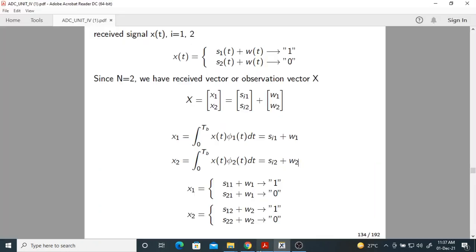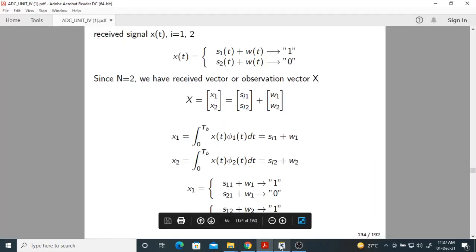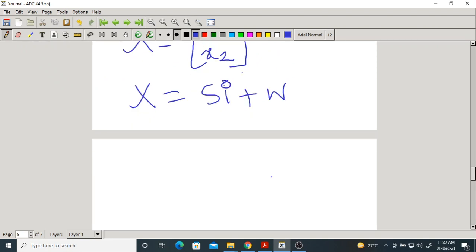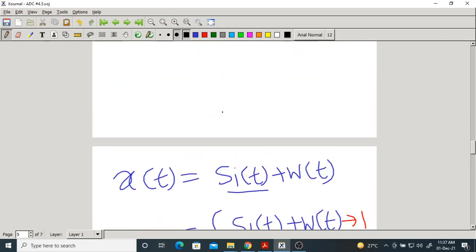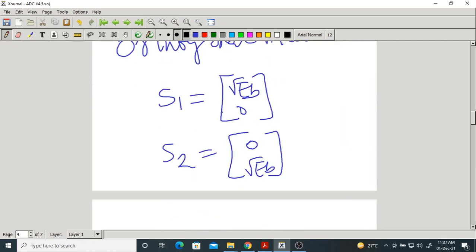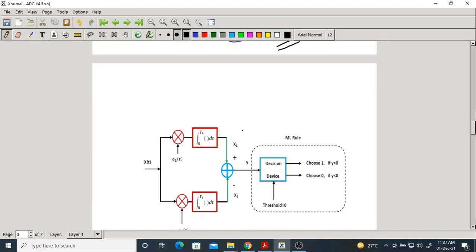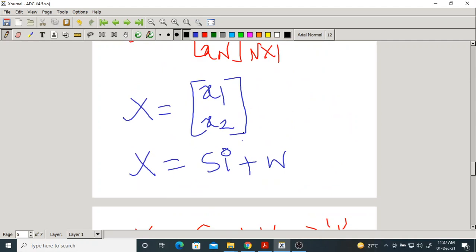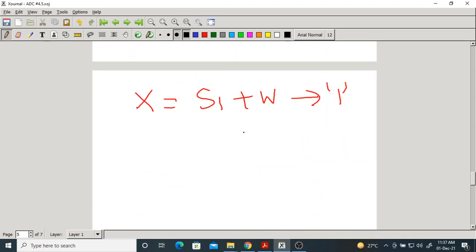Okay. Now, suppose for symbol 1, what is vector X? That is S1 plus W. Please remember what the S1 vector is: a vector with root EB, 0. So let me write the elements. What are the elements of vector X?